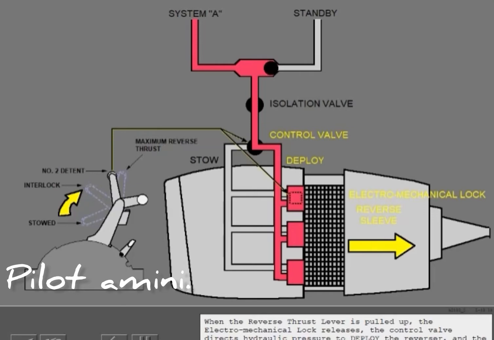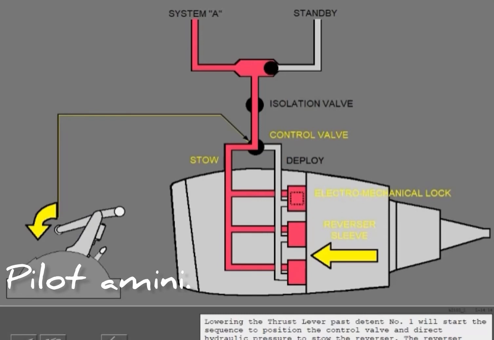Movement of the thrust lever past the interlock position is restricted until the sleeves have approached the deployed position. At that time, the lever may be pulled to detent number 2. When necessary, the reverse thrust lever can be pulled to the maximum thrust position.